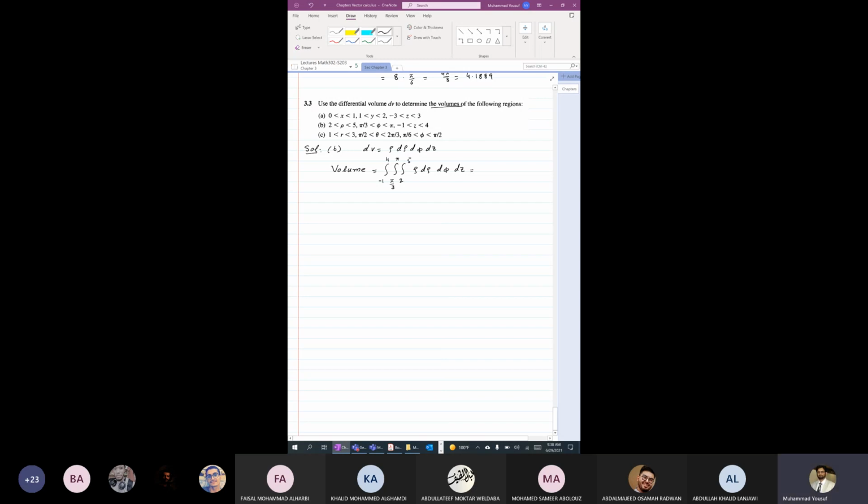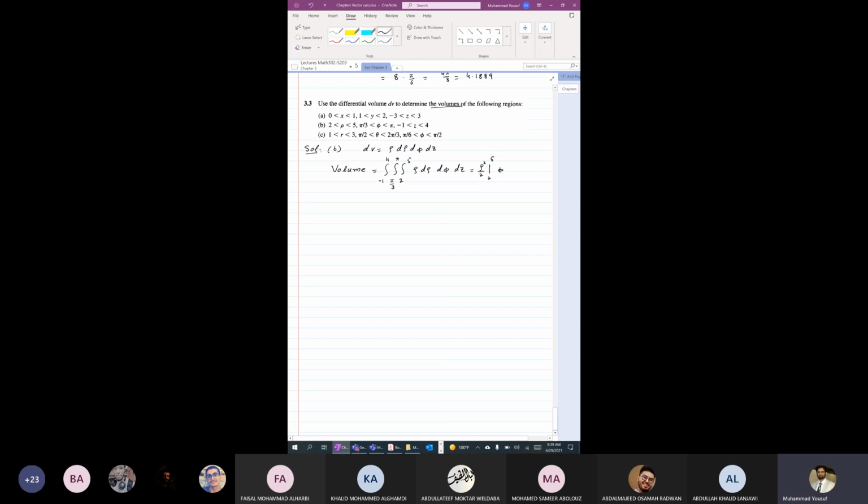When all the limits are constant and the integrand is the product of these different variables, we can separate it. The integral with respect to rho is rho squared over 2, with limits from 2 to 5. With respect to phi, there is no phi, so the integrand is 1.